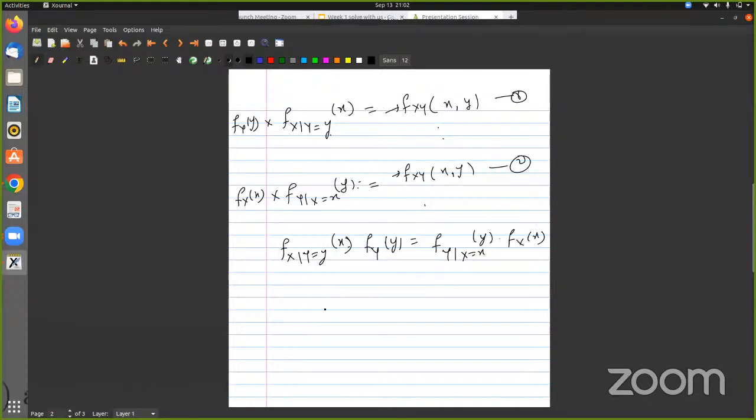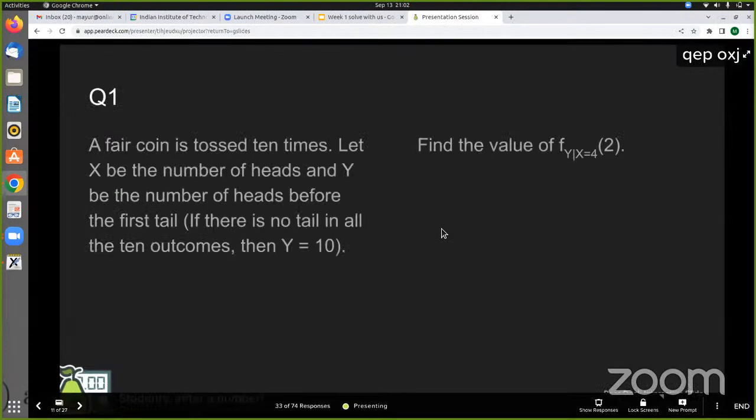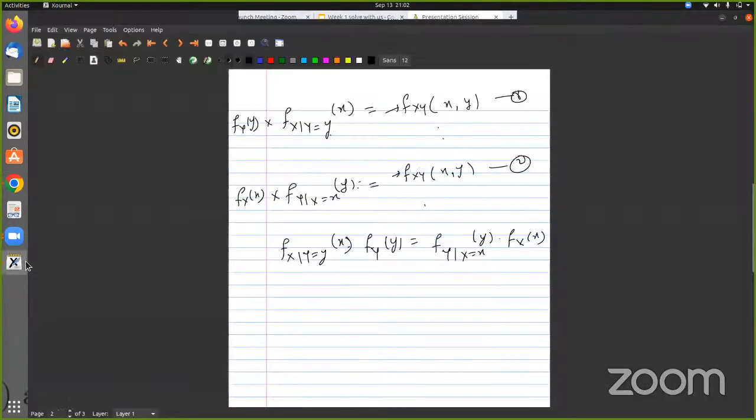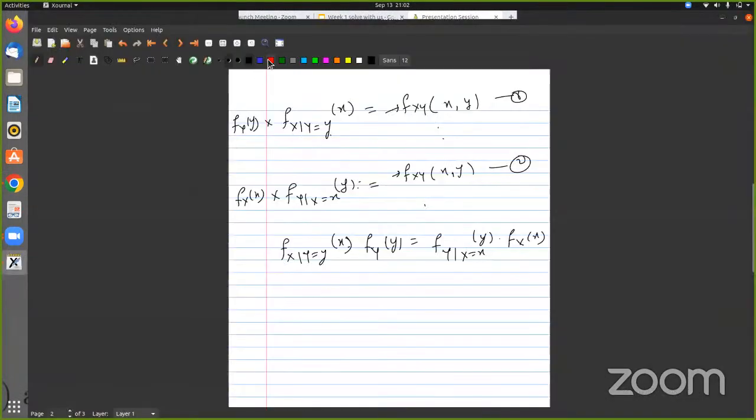By using this formula, what we have to find is the probability of Y given X equals 4 of 2, right? Sorry, Y given X, okay. So we have to find this value.